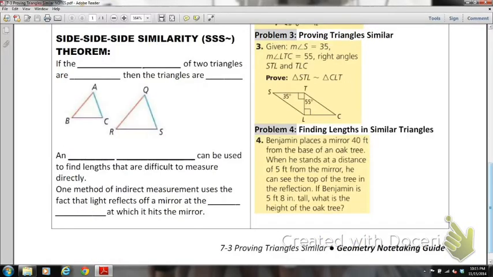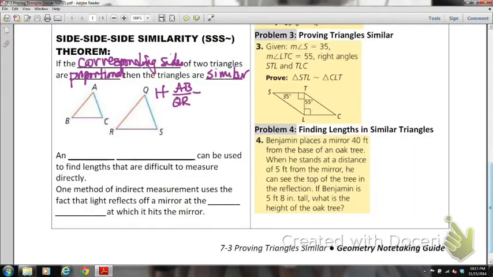The third theorem that we have here is the side-side-side similarity theorem. So if we have corresponding sides of two triangles are proportional, then the triangles are going to be similar. So here the corresponding sides are AB and QR.